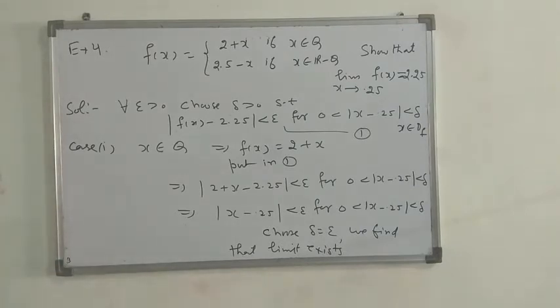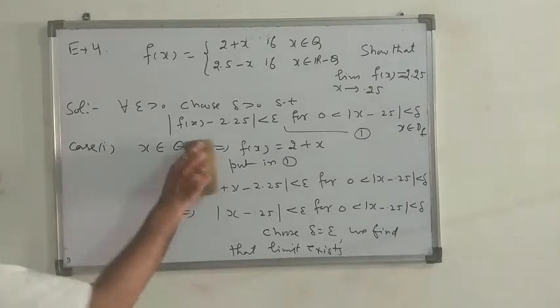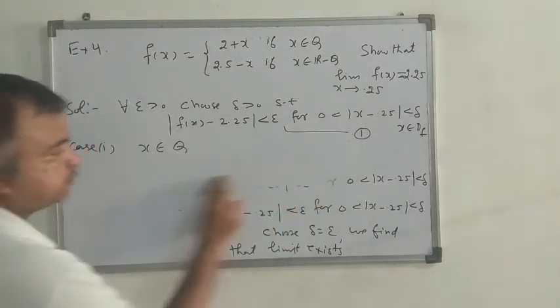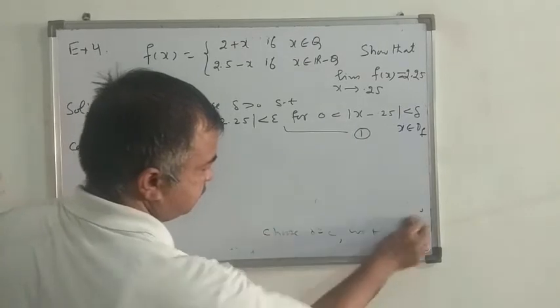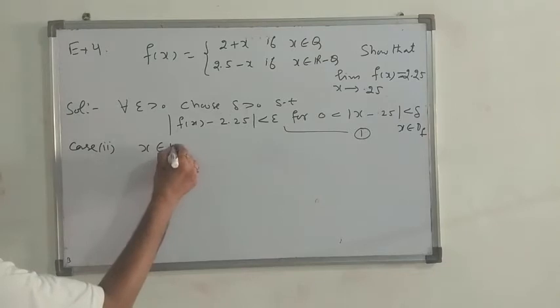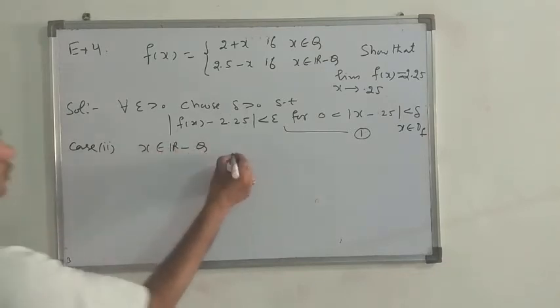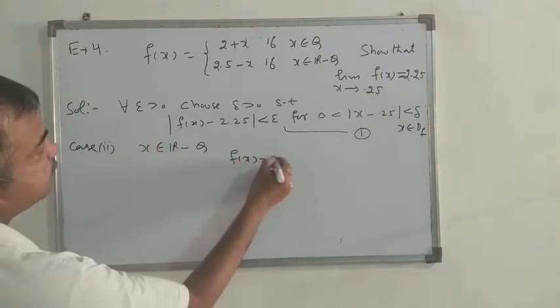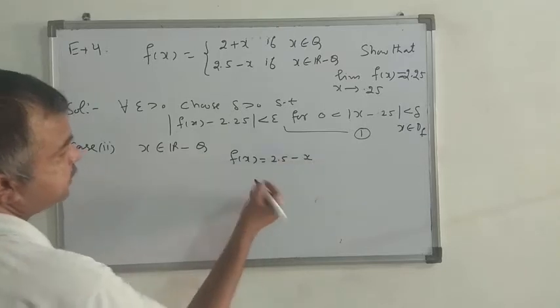Further, case 2, when x is irrational. In this case f(x) is 2.5 − x.